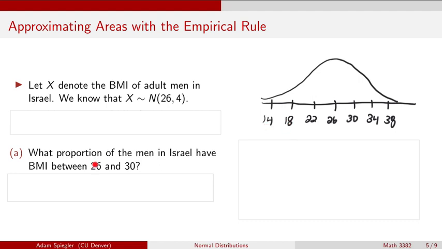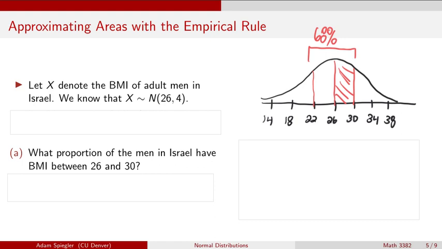And so if we want to calculate what proportion of adult men in Israel have a BMI between 26 and 30, we can indicate that area on this graph that I'm shading in red. And notice that this area is 1/2 of the 68%. If we were to go 1 standard deviation above and below the mean, that would account for 68% of the data.